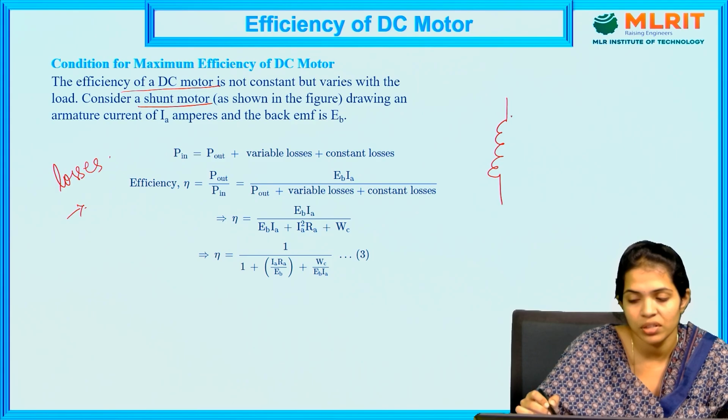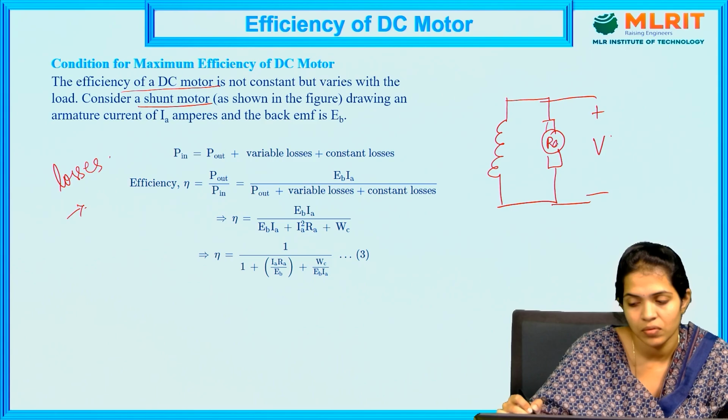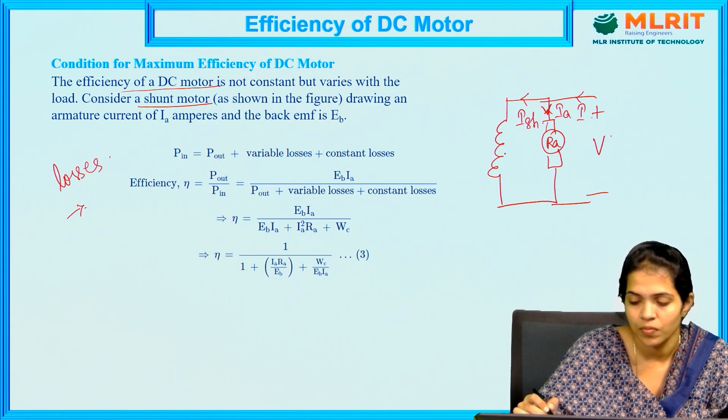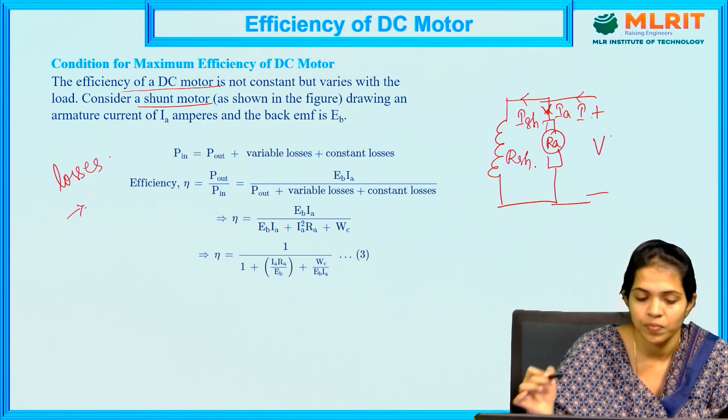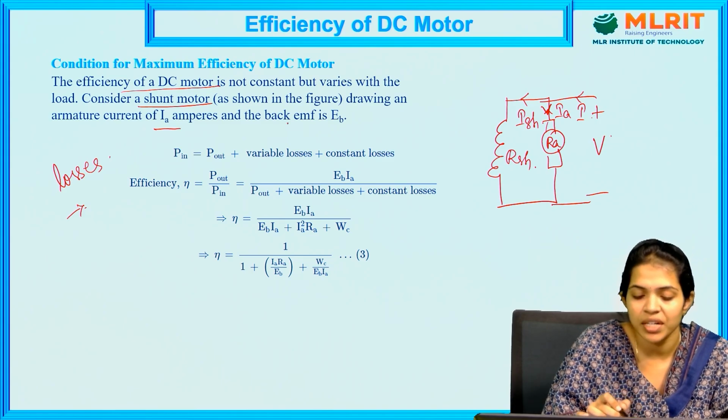In a shunt motor, the shunt field winding is connected in parallel to the armature. Let us consider it is drawing IA amperes of armature current, and the back EMF developed across the armature is EB.